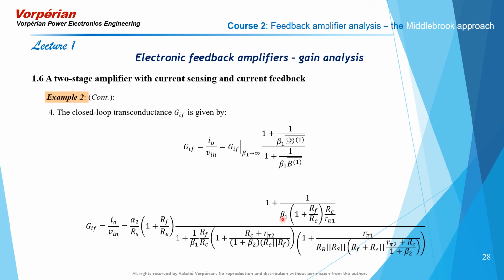And if you let beta 1 go to 0 by multiplying up and down by beta 1, you get an attenuation, which is the gain of the feedback amplifier without feedback, but with the loading of the feedback. And all that comes out naturally, as I said, from this feedback formula given by the extra element theorem.